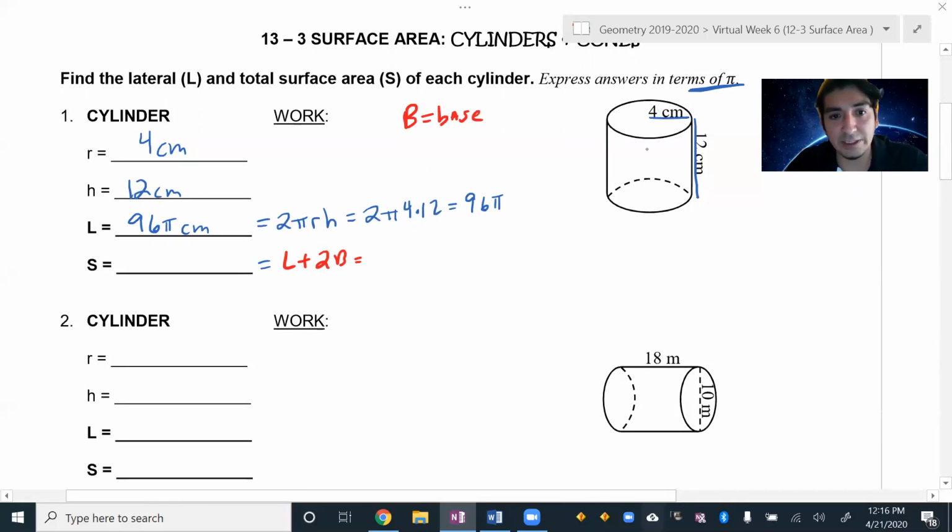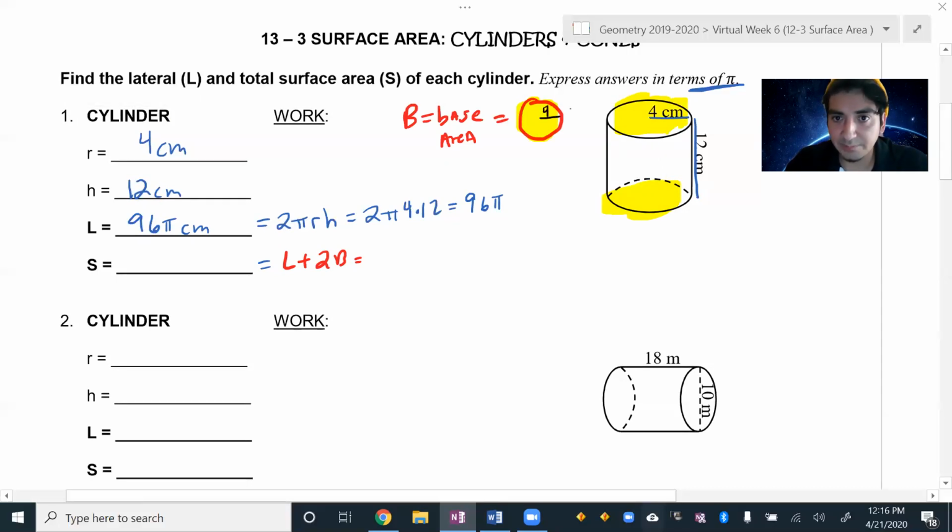But the base of what shape is the question. So the area of the base. If I look for my base, it's going to become this circle, because the base of the cylinder is a circle. Okay, it's down here. So this one here is what I'm going to be looking for.